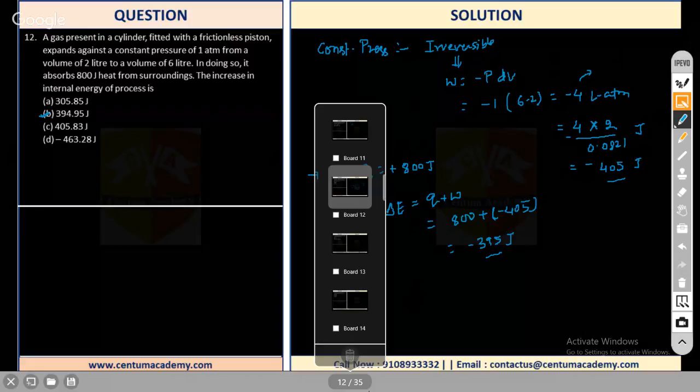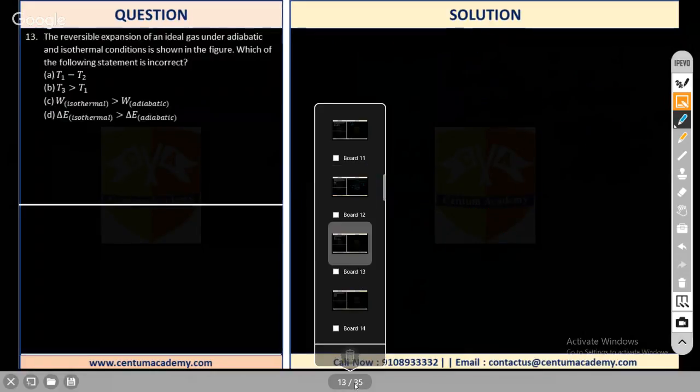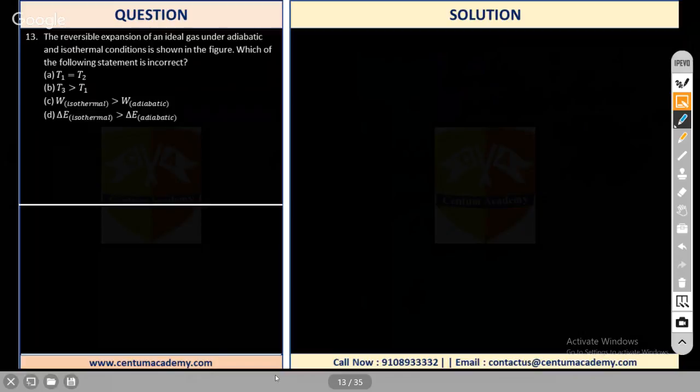Question number 13. This one. The figure is not given. Let me just cross check. I'll show you the figure. The diagram is this. We have a pressure volume diagram.